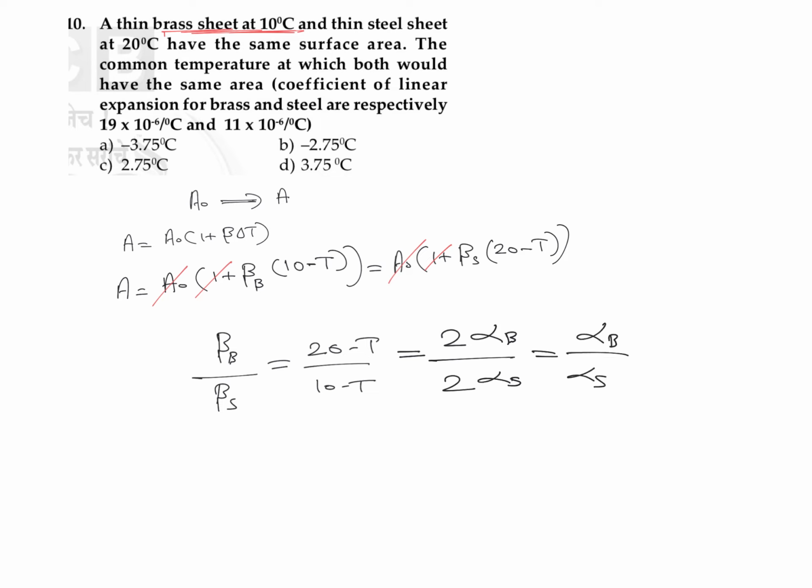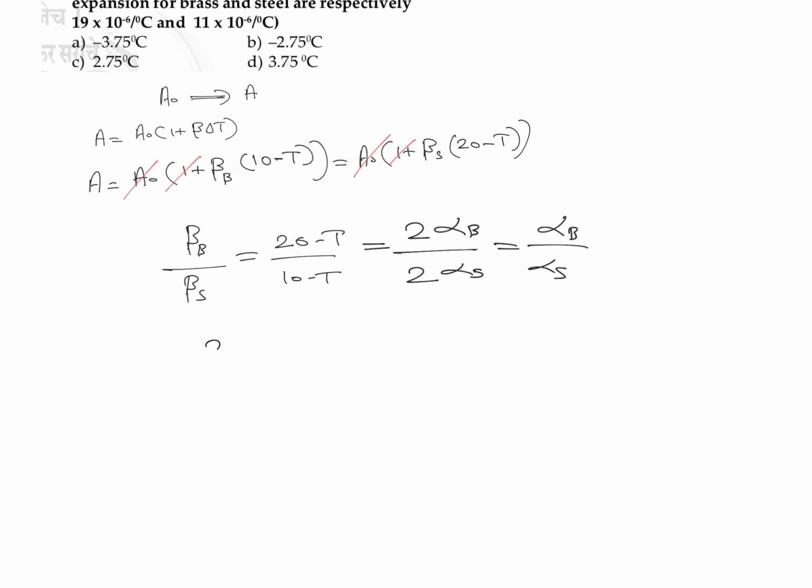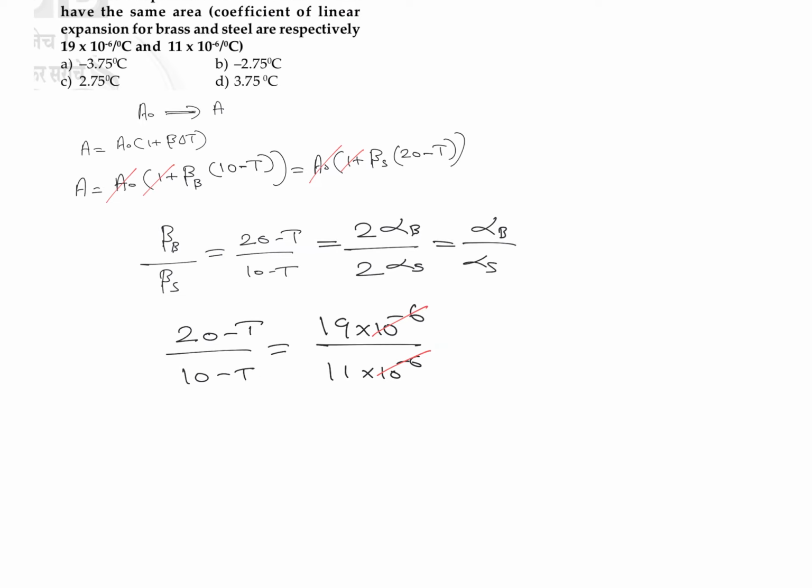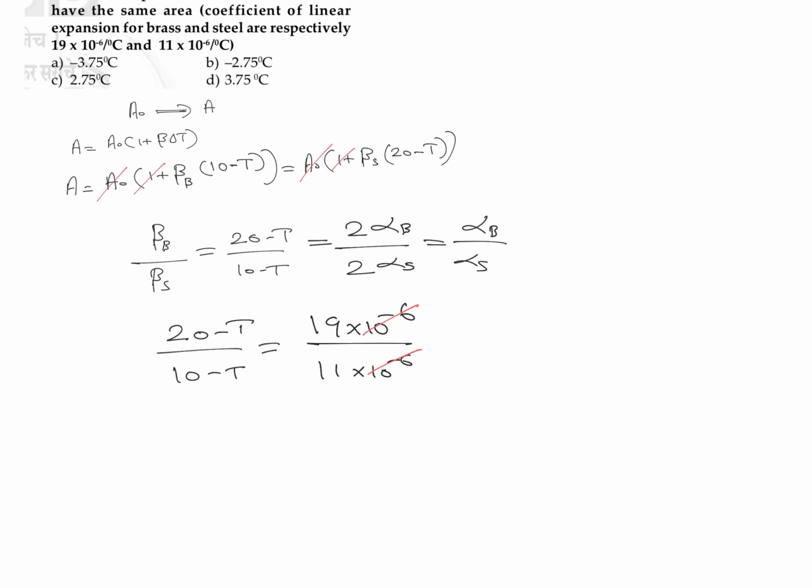So the equation is 20 minus T divided by 10 minus T equal to 19 into 10 raised to minus 6 divided by 11 into 10 raised to minus 6. The 10 raised to minus 6 terms cancel. Now we can cross multiply.